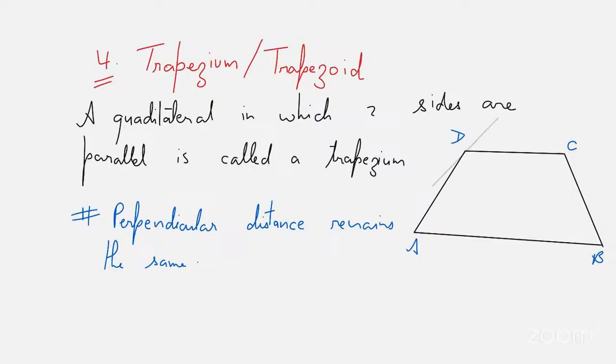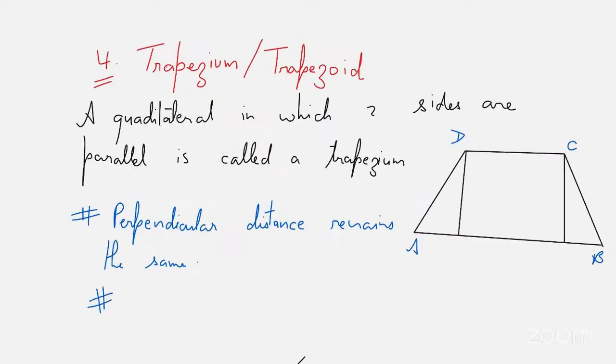Like this. These are altitudes on the line AB. So the altitudes are also equal.